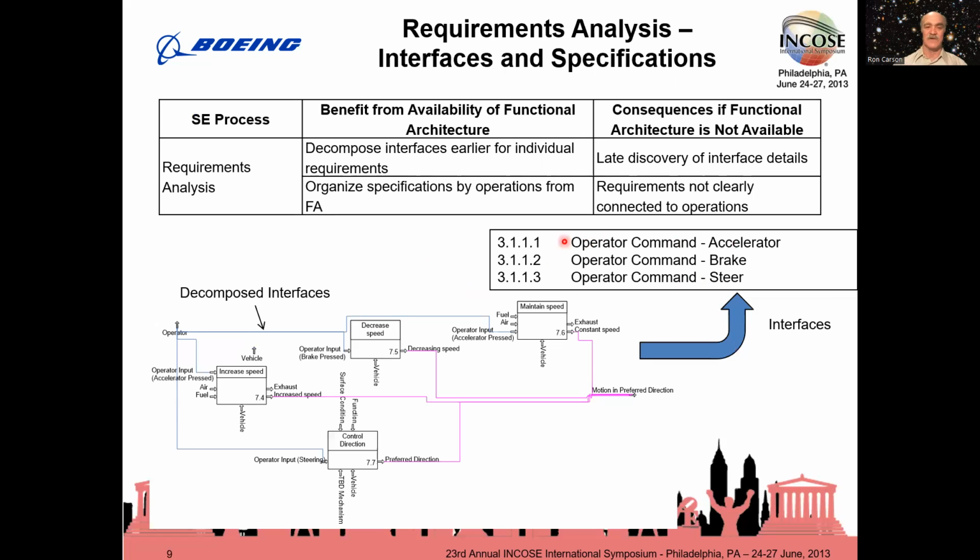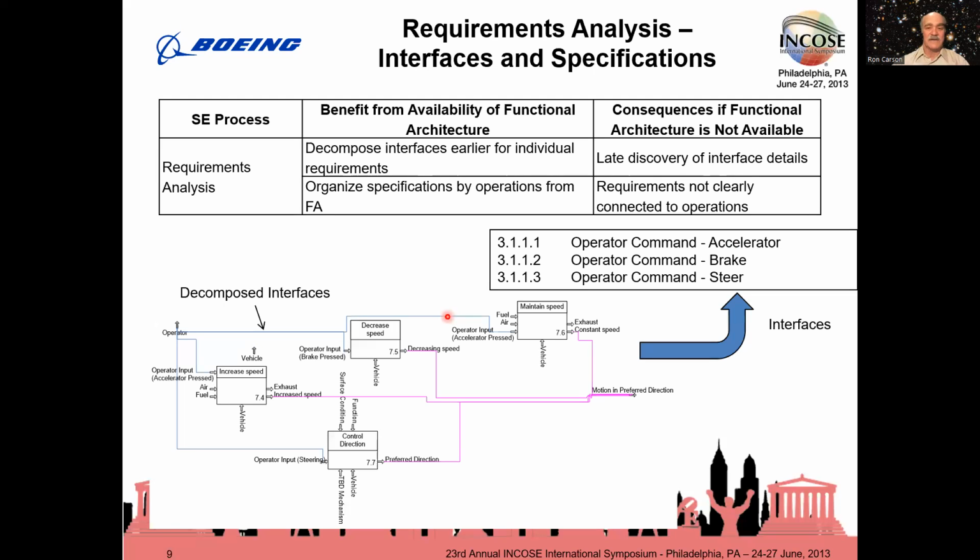In this case, it's for a road vehicle, but that gets decomposed for specific other functions like inputs for acceleration and braking and steering. And these get manifested and documented in the functional architecture so that we can be clear in the requirements and in the interface definition about what the system is supposed to do.